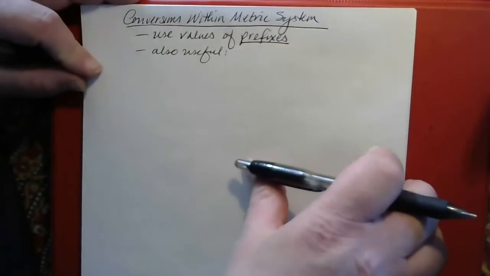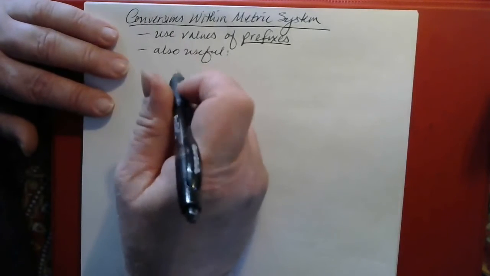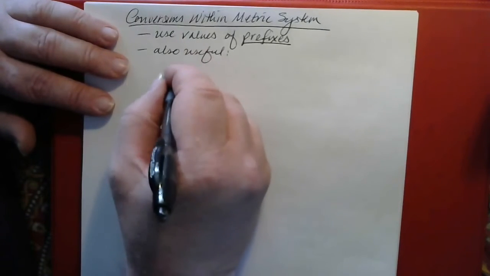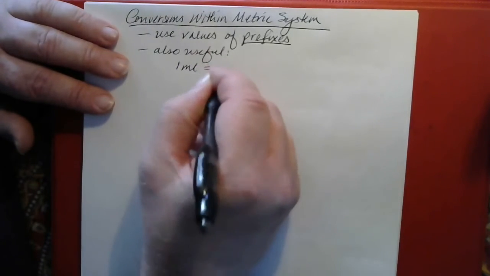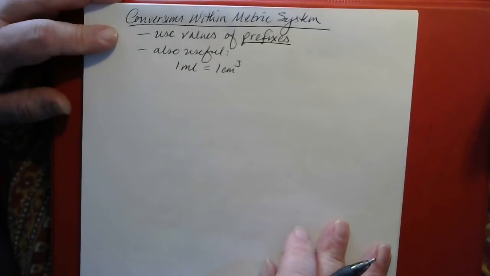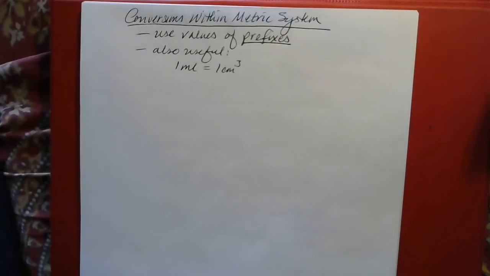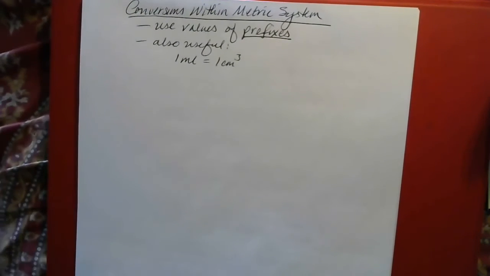In addition to the prefixes, there are some useful definitions within the metric system, and they include the fact that 1 milliliter is equal to 1 cubic centimeter. So milliliter is the commonly used unit for small volumes in the metric system.